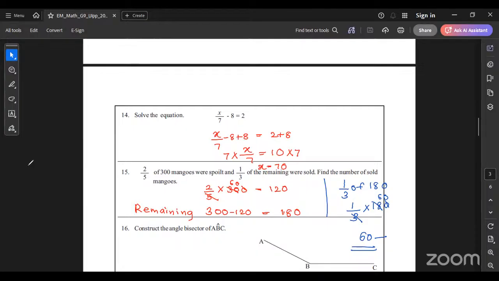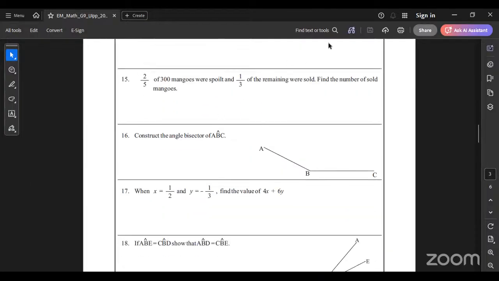Question number 16. Construct the angle bisector of ABC. Yes. If you want to draw an angle bisector, you must draw an arc intersecting the arms at a small distance, placing the compass point at the vertex. Take the same distance or somewhat more than it and place it here, right?